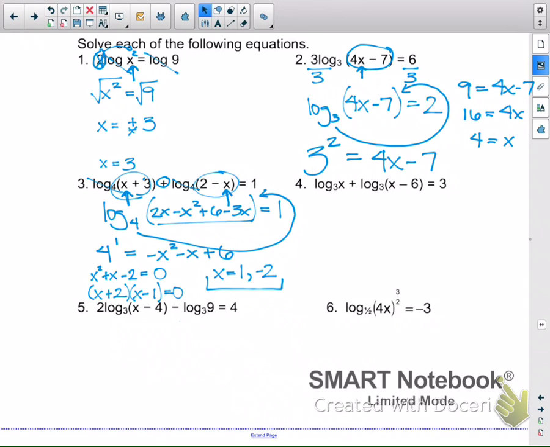Now I check negative 2. If I plug in negative 2 in the first one, am I taking the log of a positive number? Yes, because negative 2 plus 3 gives me 1. 1 is okay. It doesn't matter that the answer itself is necessarily negative. When you plug it in and you see what you're taking the log of, that number has to be positive.